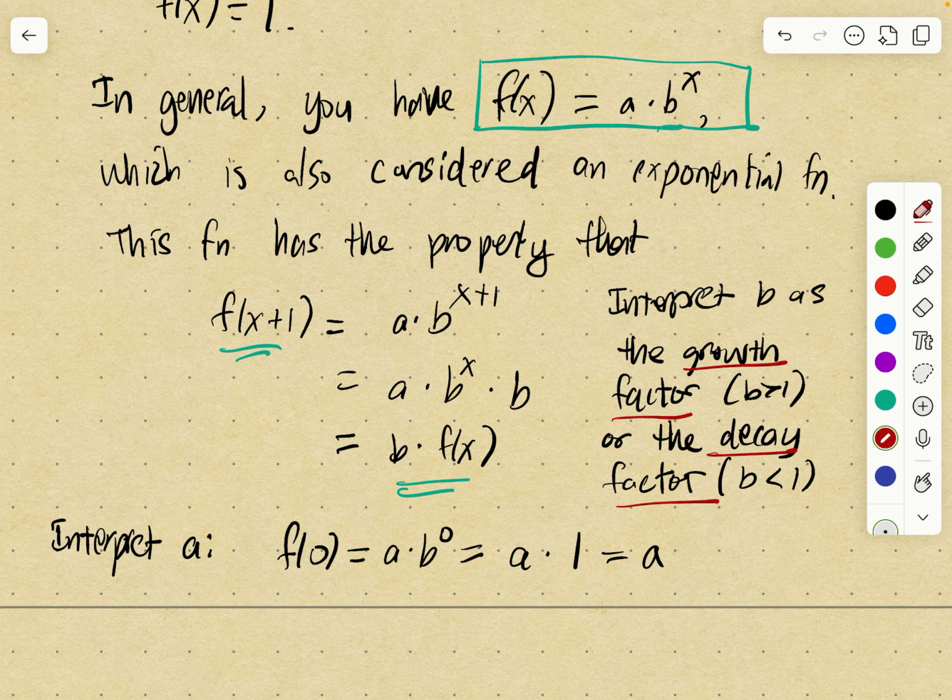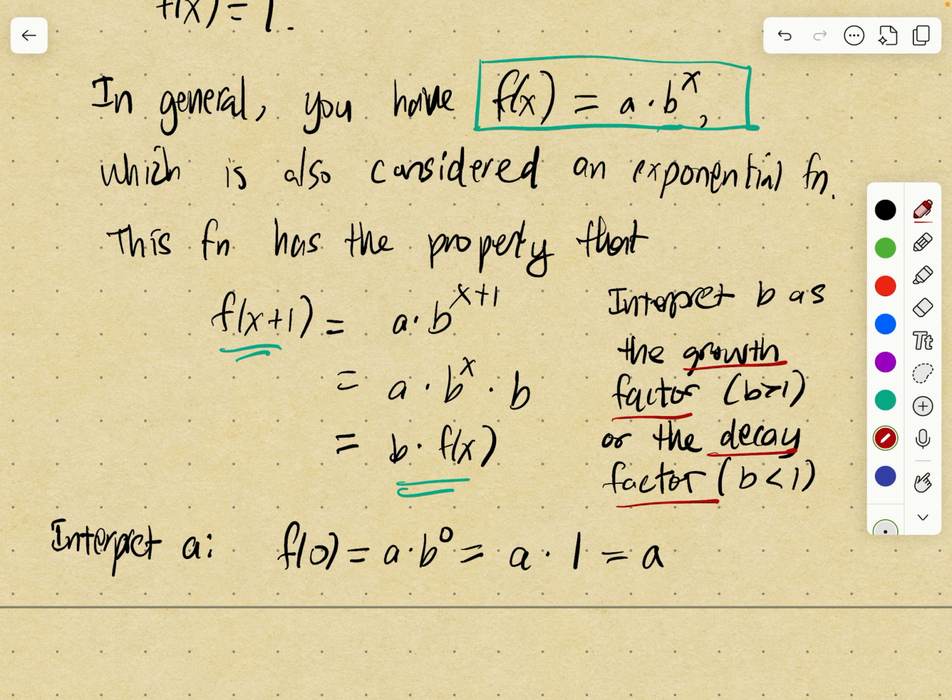So if b is 3, your function is tripling every time x increases by 1. If b is 2, then your function is doubling every time x increases by 1. If b is a third, then your y values are getting multiplied by a third every time x increases by 1.